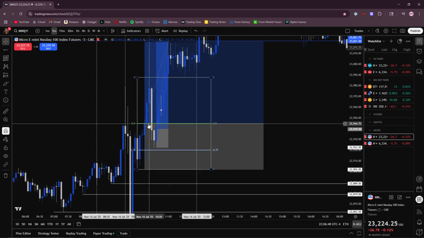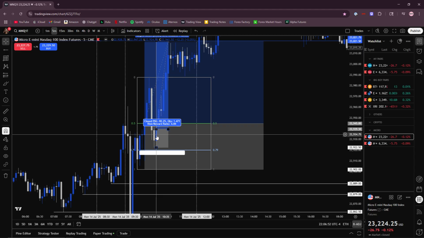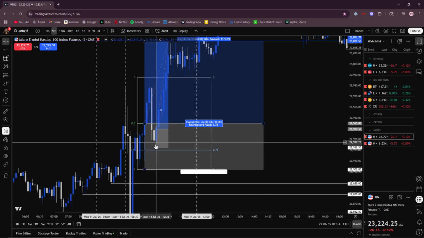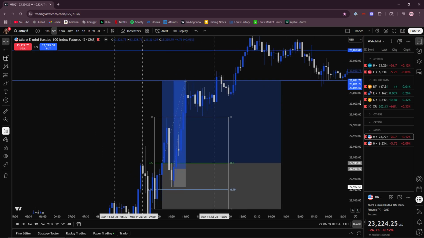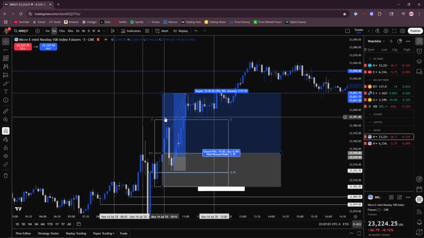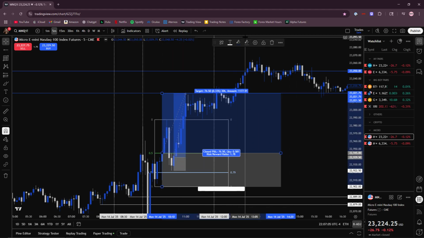The fair value gap doesn't end up getting hit, but equilibrium does get hit. We get a 1 minute break of structure out of that, and we enter into longs, target here and here. So that's the new rule that would prevent me from taking a pretty poor trade there.